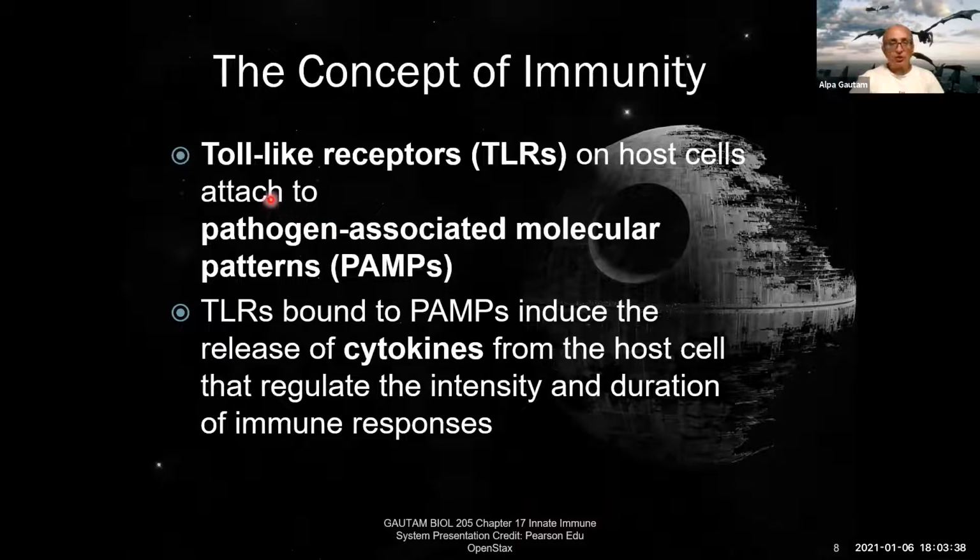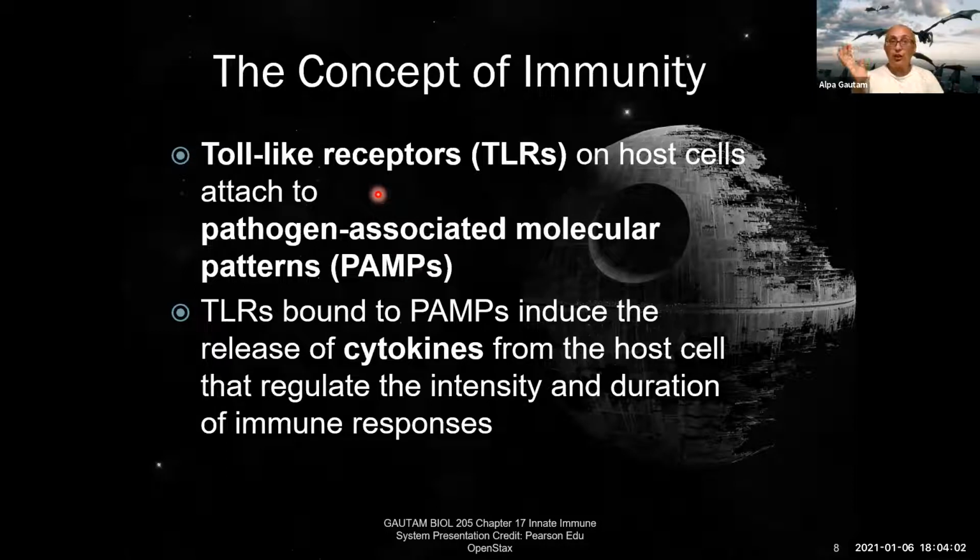Again, just some terminology. Toll-like receptors are receptors on immune cells that attach to components on pathogens. Proteins or glycolipids that stick out on pathogens are what these toll-like receptors detect and then bind to, right?